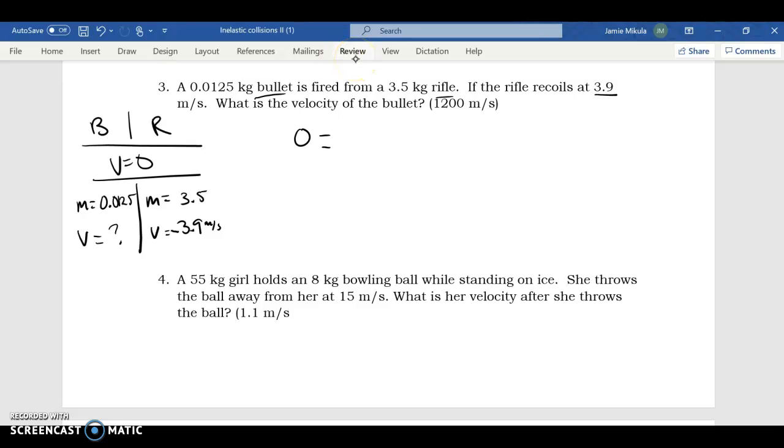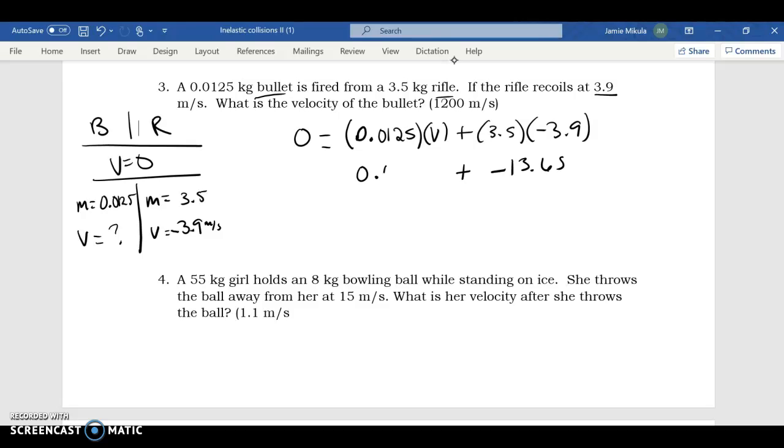So 0 equals, the mass of the first one is 0.0125. We want to know the velocity of the bullet plus 3.5 times negative 3.9. All right, so 3.5 times negative 3.9 is negative 13.65.